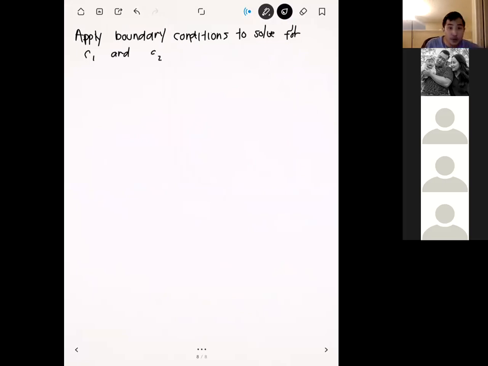Our two boundary conditions here are specified temperatures. Our first boundary condition stated that T at Ri is equal to Ti. If we plug that in, we get Ti equals C1 times the natural logarithm of Ri plus C2.